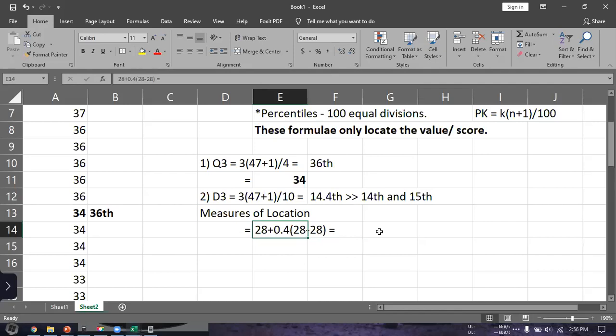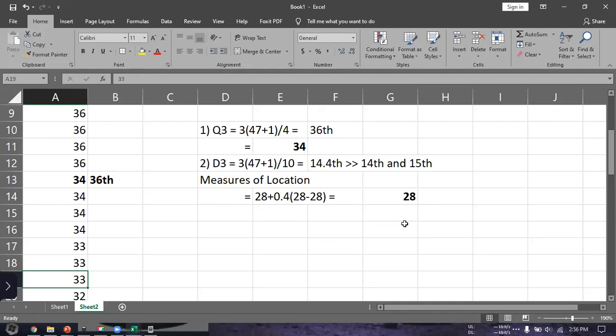This would just give us 28. So this is our third decile, 28.